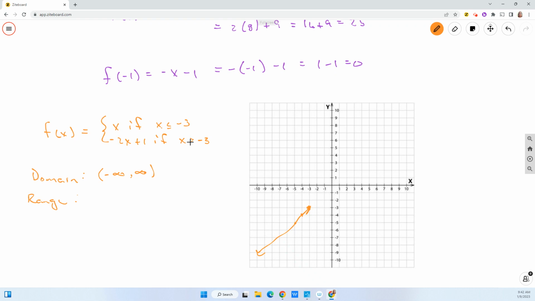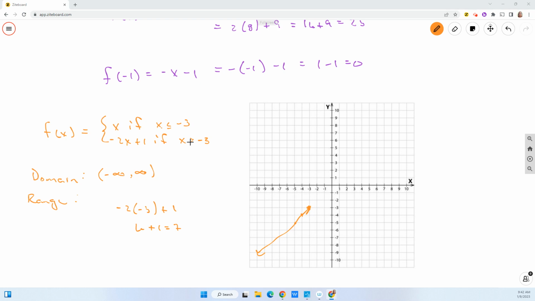If x is not equal to -3, if it's greater than -3, we're going to look at what happens to the graph. So here I have 2x plus 1. If I plug in -3 there, so if I have -2 times -3 plus 1, I'm going to get, what is that? 6 plus 1, which is 7, right?